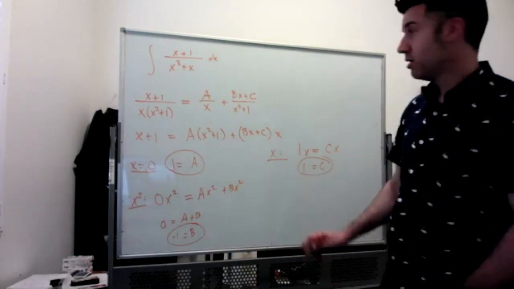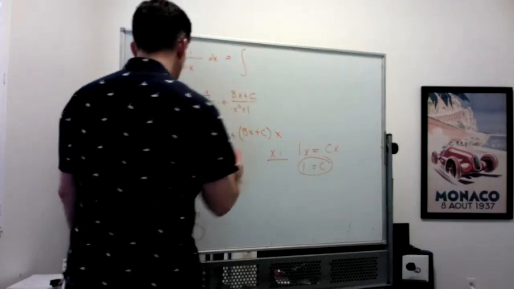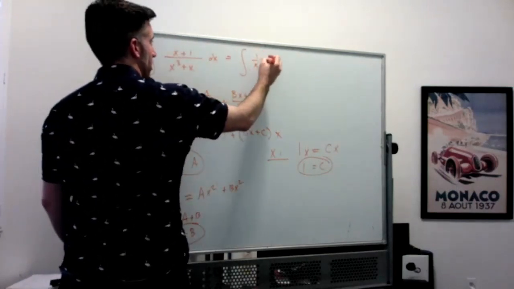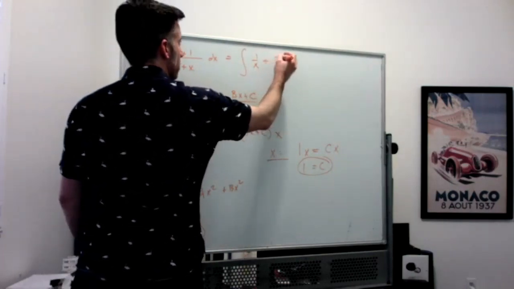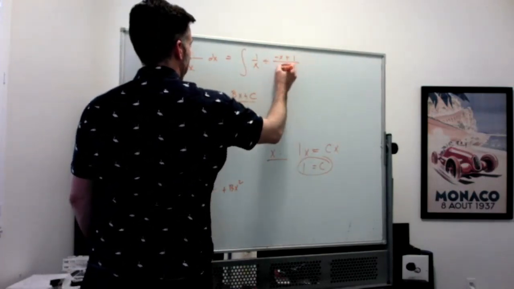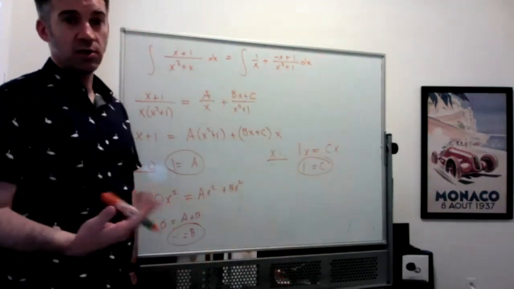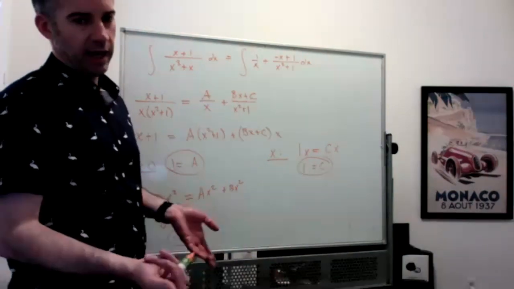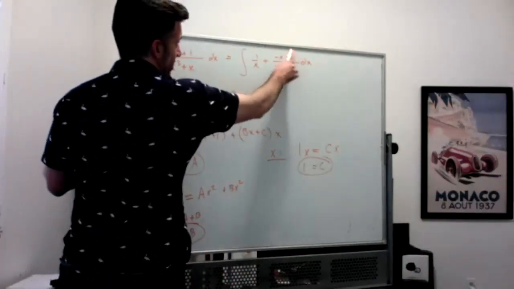Great. So now I'm going to write my integral as the integral of (a over x) plus (bx plus c) over x squared plus 1. And then here's the thing that's almost always true. I don't think it's never not been true. You always want to break this up.